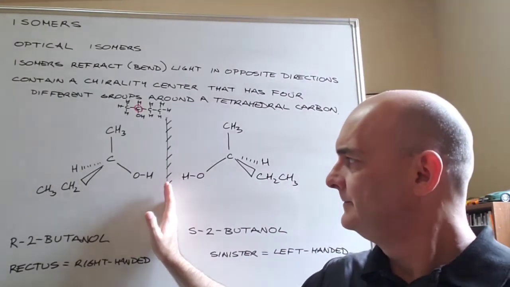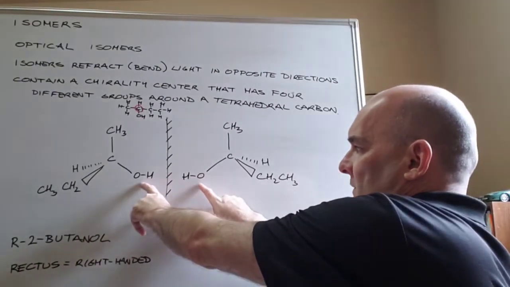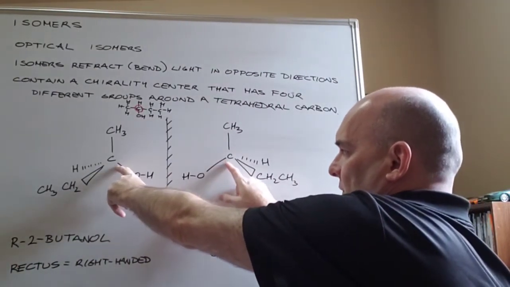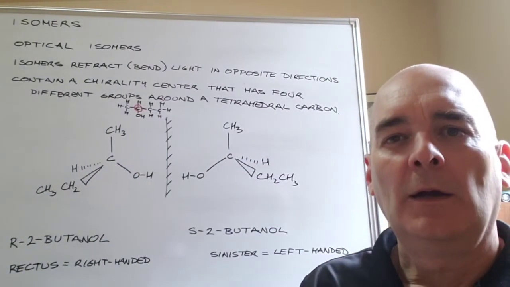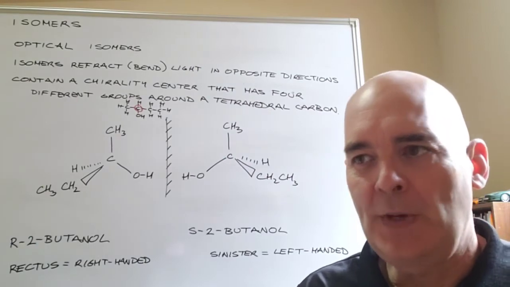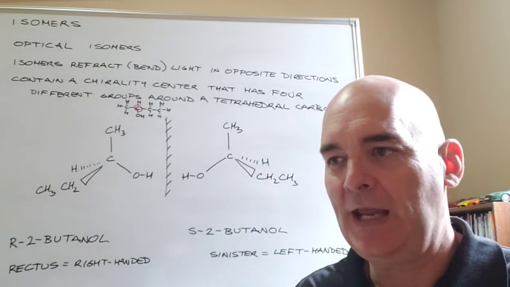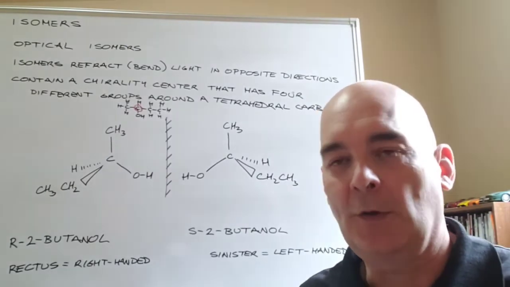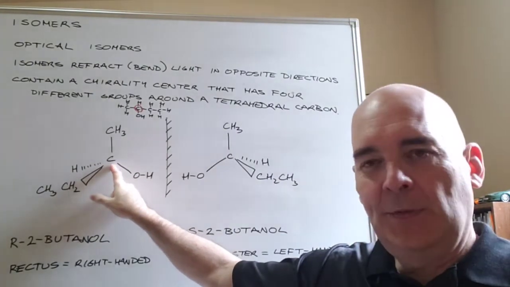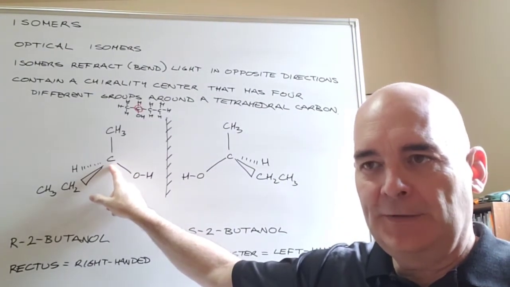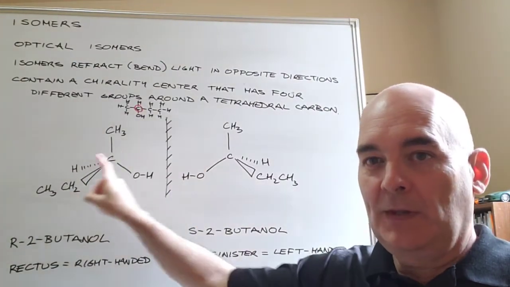This is a mirror. Everything that's closest to the mirror is the first thing that gets reflected. Oftentimes, the mirror image of an object is a perfect replica of that object. But in the case that you have an asymmetry because of a chirality center, this is now a different isomer than that.